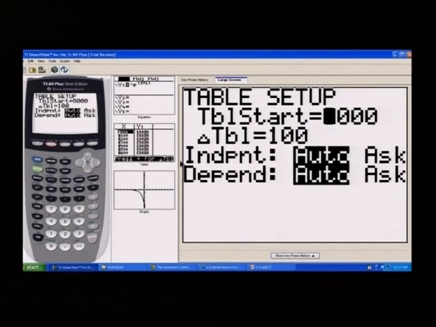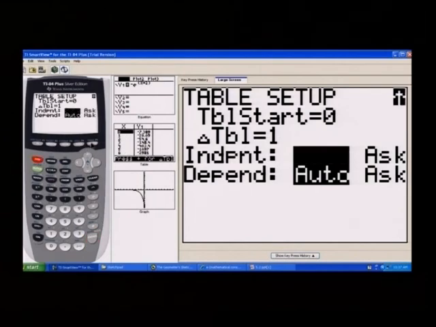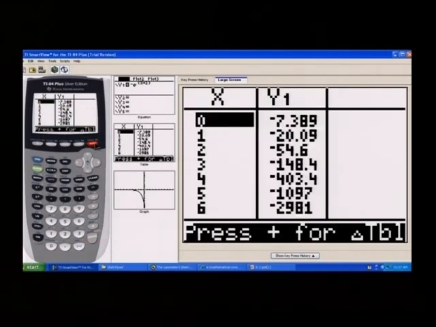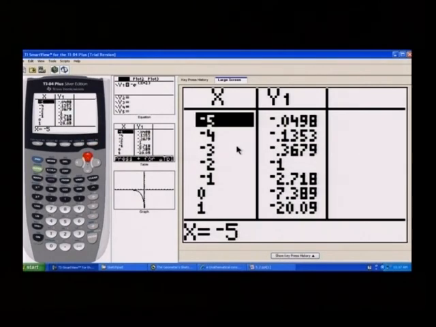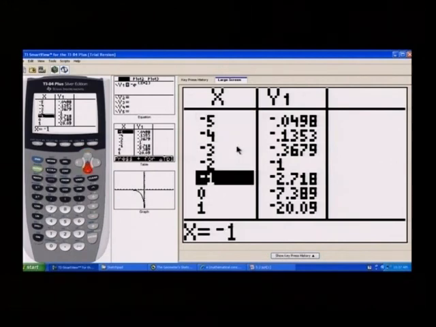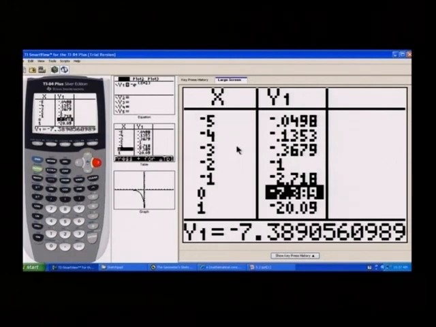Starting at 0, go up by ones. What are we looking for here? We're looking for what input value gives us an output value of what? We're looking for 0. What's our output value at negative 7.38? There's our intercept. Let's flip back to the back camera.